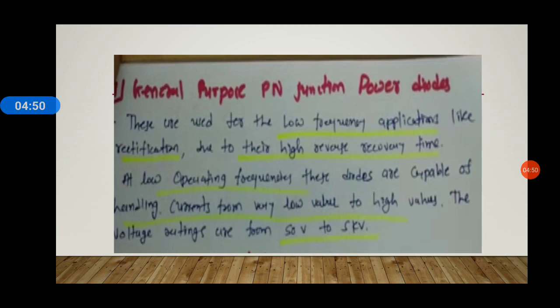Herein, the main characteristics of general purpose PN junction diodes are being mentioned, which has a capability of handling currents from very low value to higher value at low operating frequencies, and the voltage that it can handle is from 50 volts to 5 kilovolts.